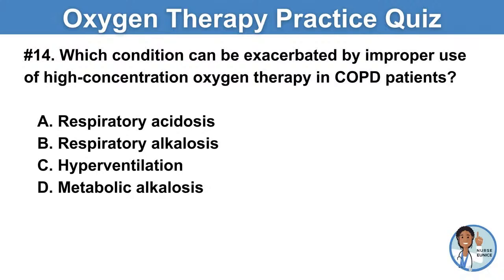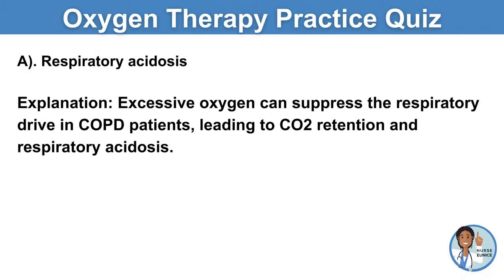What can we exacerbate by improper use of high concentration oxygen? Flossie and Yimmy, you remembered, you got it. Too much oxygen can make them acidotic. So it is going to be A. They can have respiratory acidosis. Excessive oxygen can suppress the respiratory drive in COPD patients, leading to CO2 retention and respiratory acidosis.